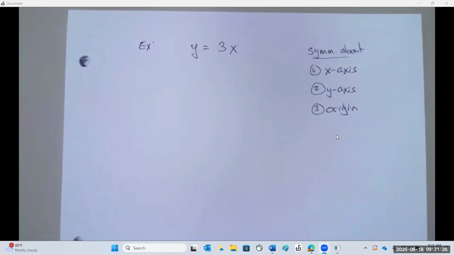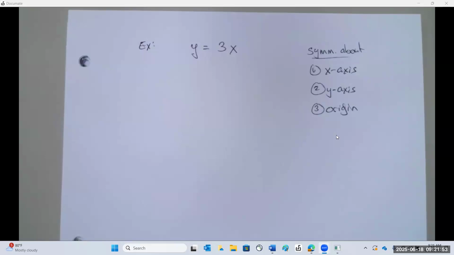Oh, I also forgot another thing when you finish writing this down. Remember, if it's symmetric about the y-axis, what's another name? What kind of function is that? Look at your notes.